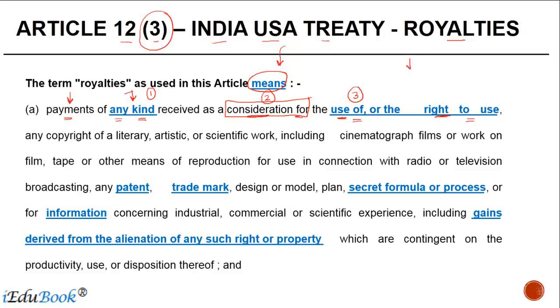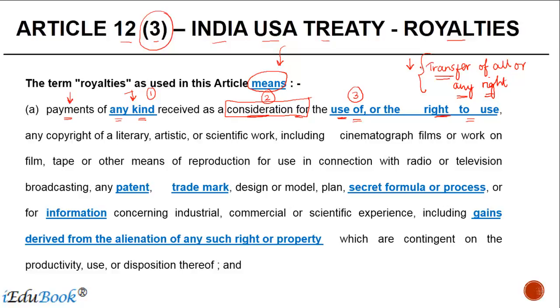Now, if you go back to the Income Tax Act, it not only covers the payment for the use or the right to use, it also covers the payment for transfer of all or any right, right? Generally, the payments for transfer of all or any right are not considered as royalty under the treaty.